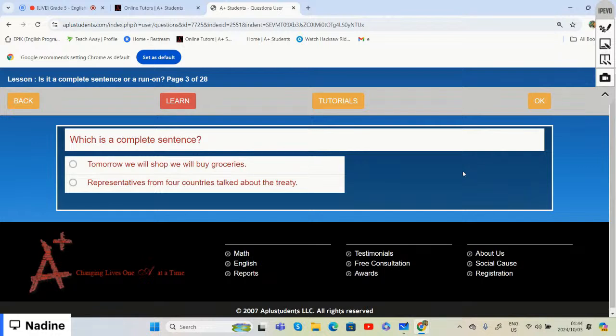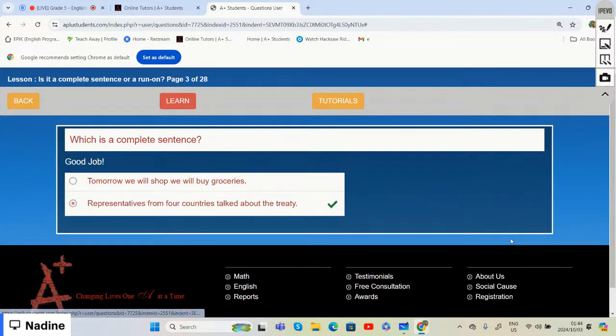So, which is the complete sentence? If we were to select the completed sentence, we will choose option two. Well done.